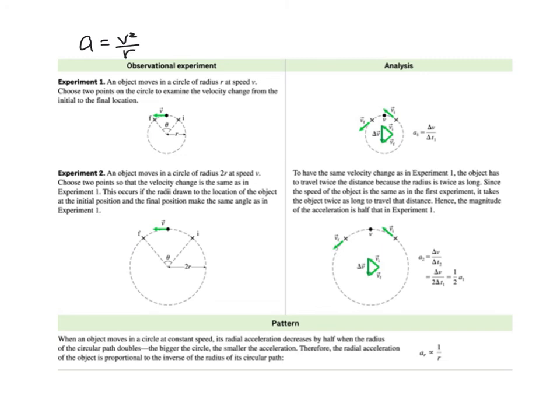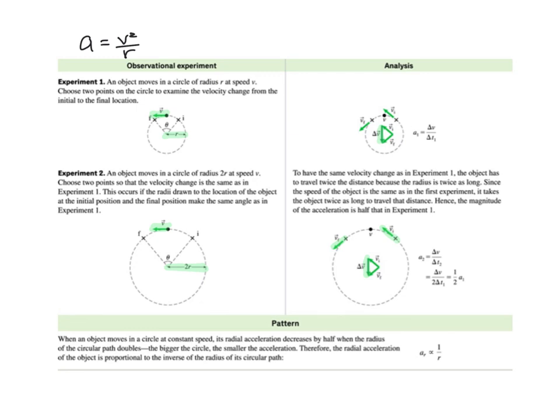So we have a small radius on this circle up here, and I'm sorry, there's my radius right there. Small radius with a certain speed, same exact speed in experiment 2, but we've doubled the radius, okay? So the delta v vector here is a certain length. Here the delta v vector is exactly the same length because I haven't changed the speed at all, so my delta v vector is the same.